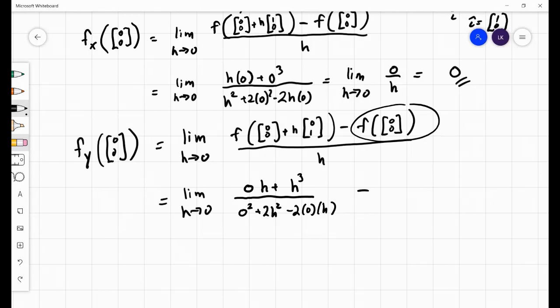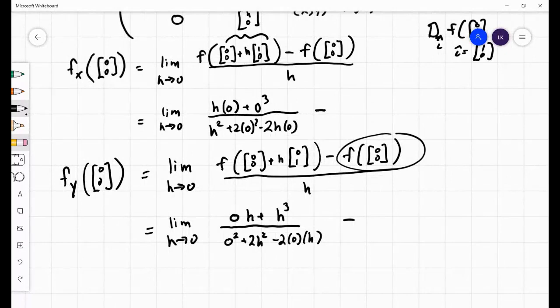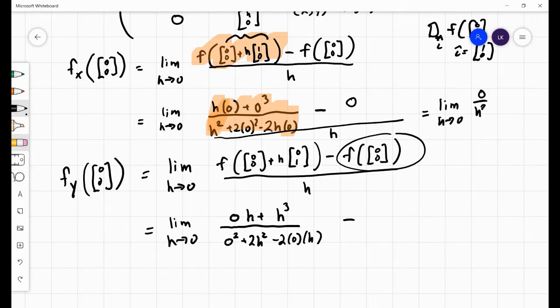Oh, I forgot. Oh my gosh. One second. I forgot the rest of it. I apologize. So this was just this part. I forgot to subtract the value of the function at the origin, which was defined to be 0, and then divide by h. So the result doesn't change. We still get the limit of 0 divided by h squared as h goes to 0, but 0 over h squared is 0.